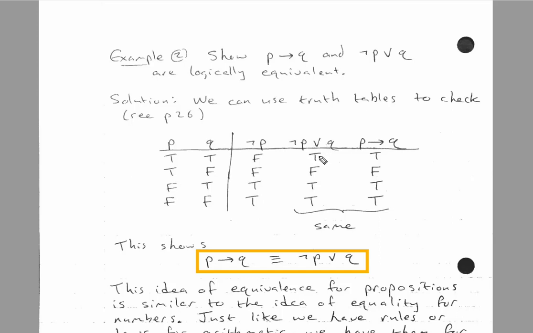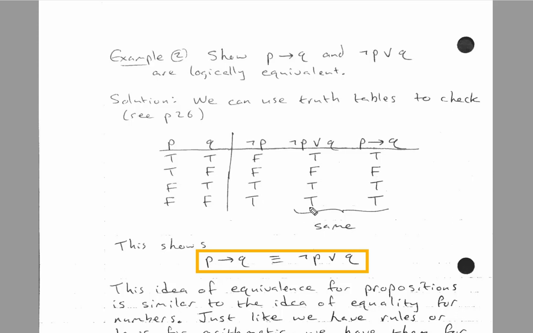So for not P or Q, we get T, F, T, T. And here's our P implies Q. Just from our definition, that's the same: T, F, T, T. P implies Q is only false when you have a true implying a false. That's the only time the implication is false, and that's the only time that not P or Q is false.